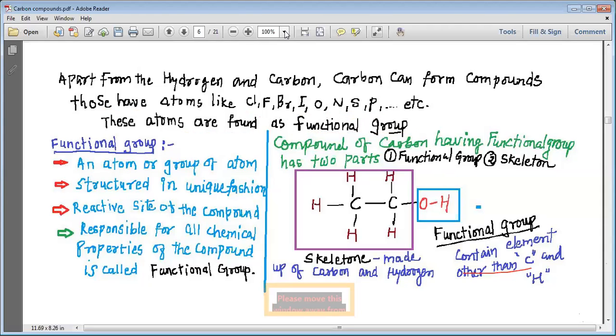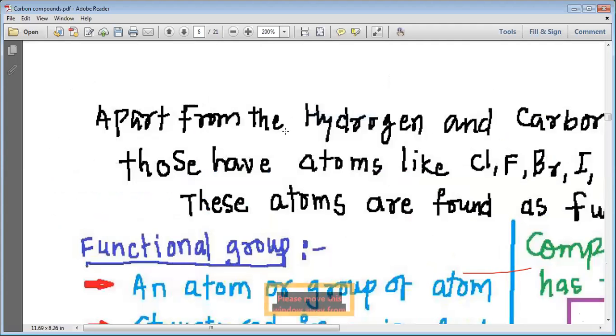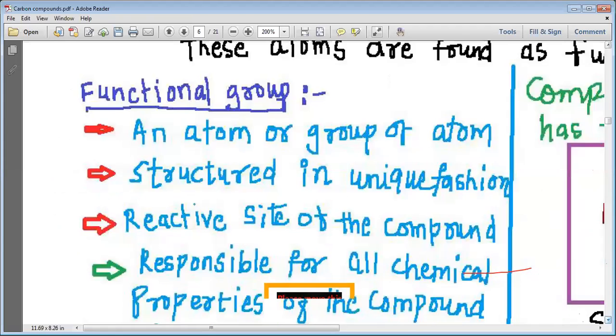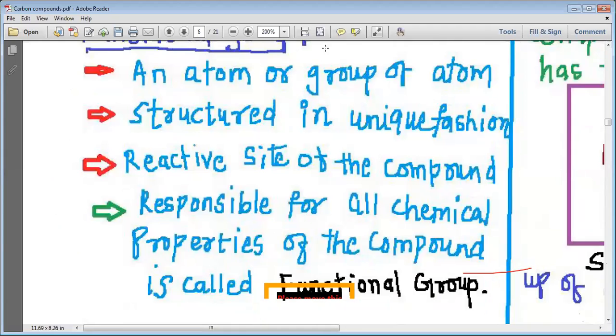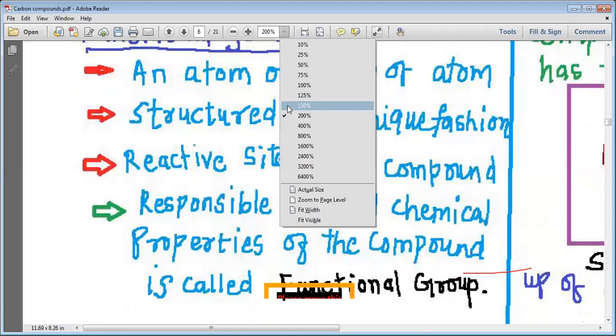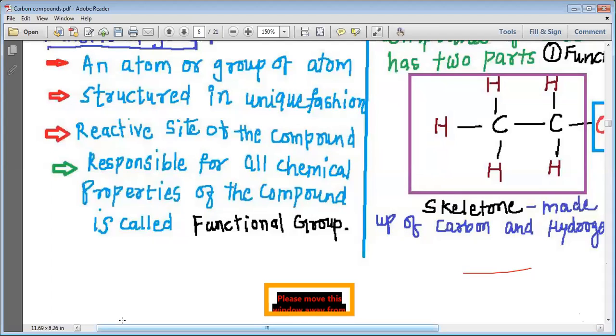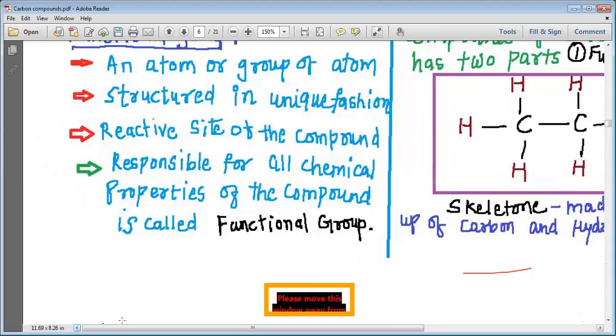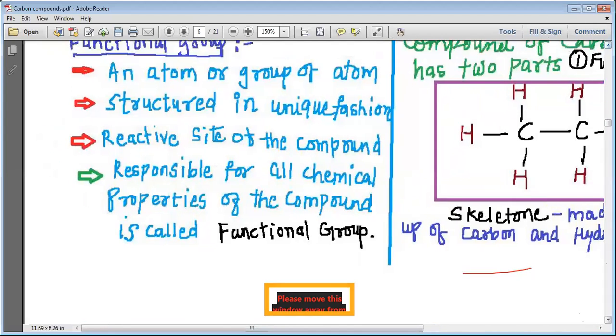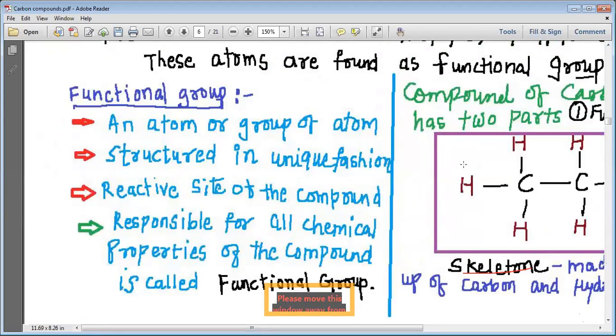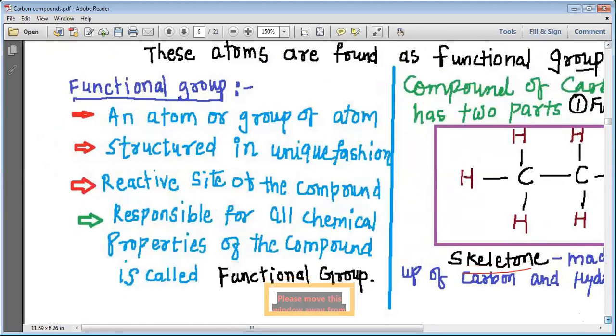So my dear students, today we are going to study the definition of the functional group. Please understand it, because the definition of the functional group is asked in the exam quite a few times, and you need to learn it well. So please pay attention.